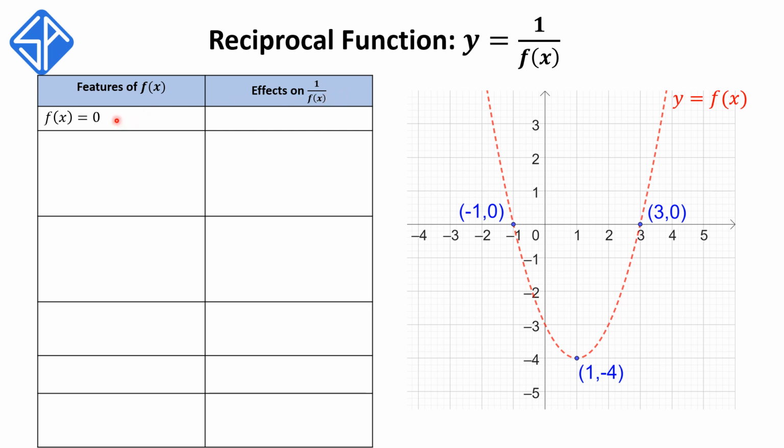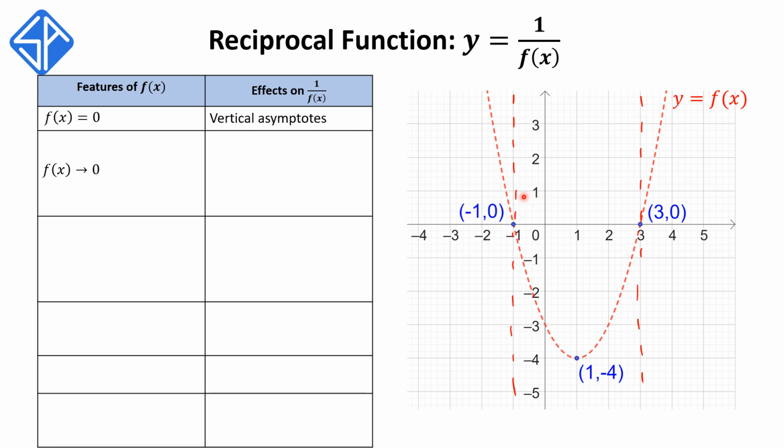This means that wherever f of x is equal to 0, your reciprocal function will have vertical asymptotes. So we can begin by sketching in the vertical asymptotes at x is equal to -1 and also at x is equal to 3.